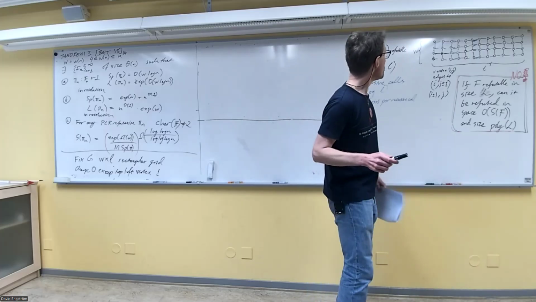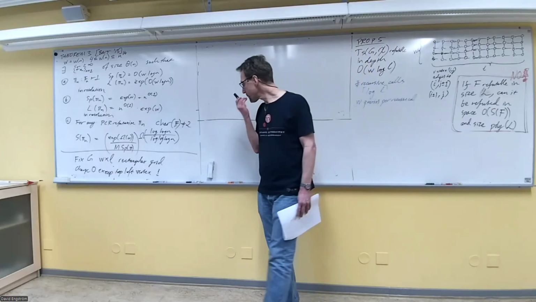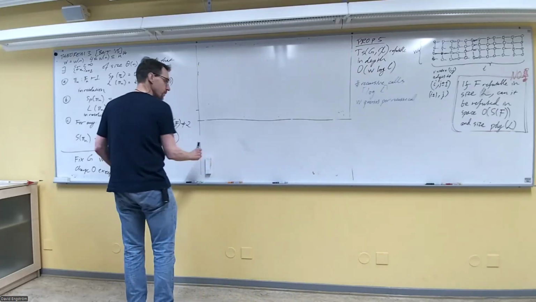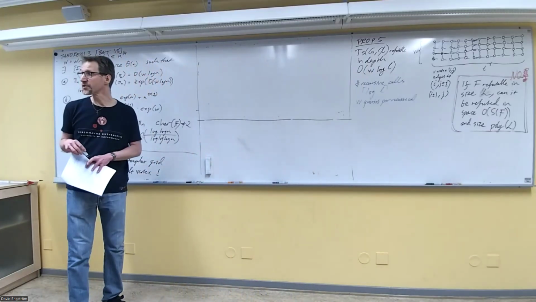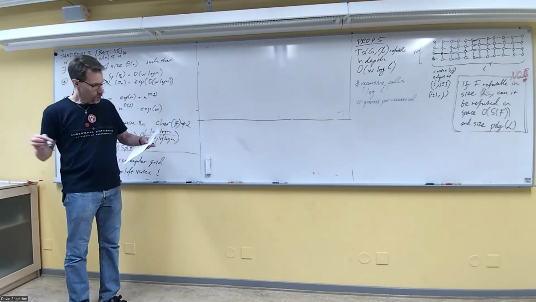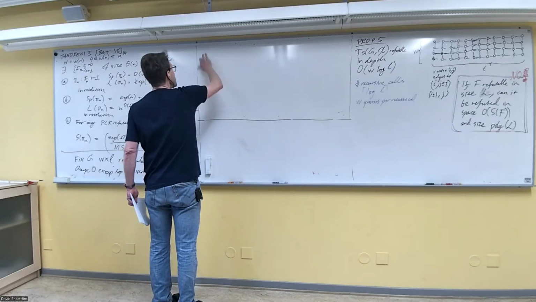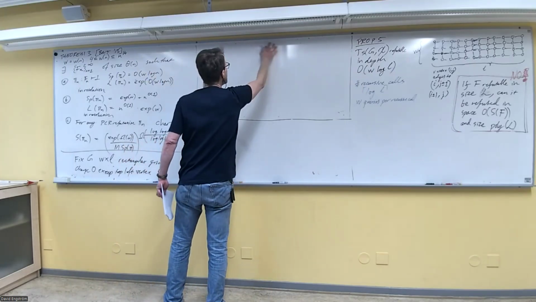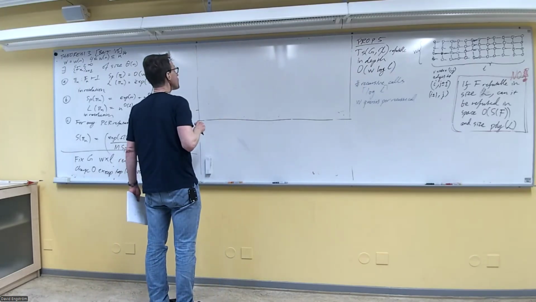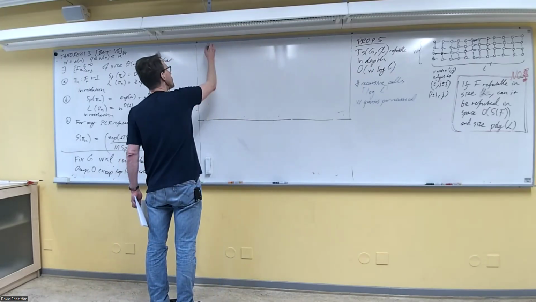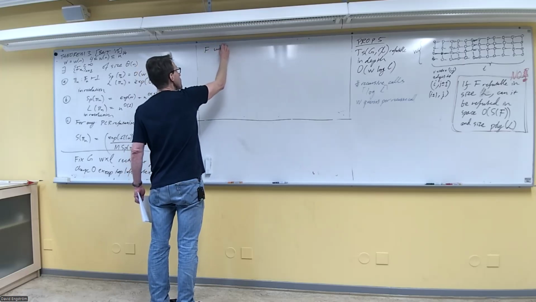Okay, so we need to come up with some space-efficient proof. So what I'm going to do is the following. Suppose F is unsatisfiable.